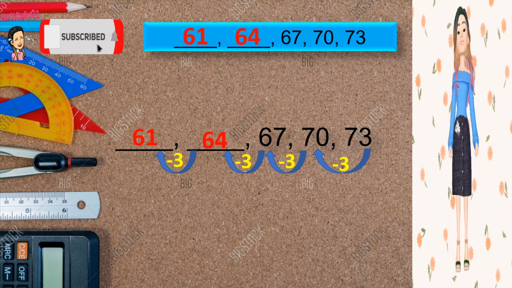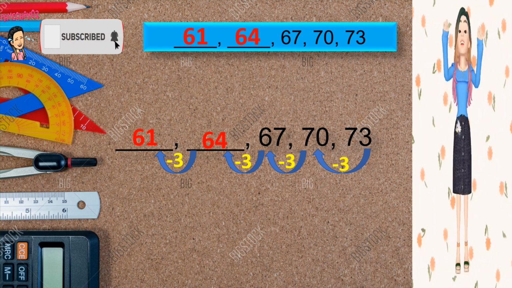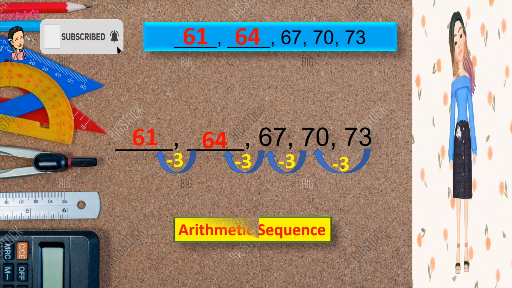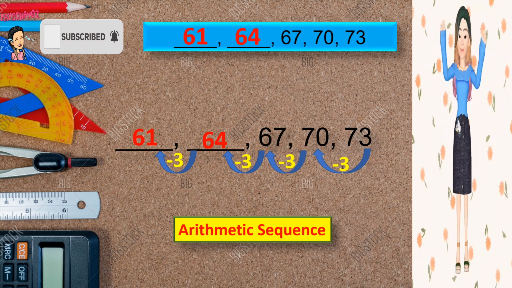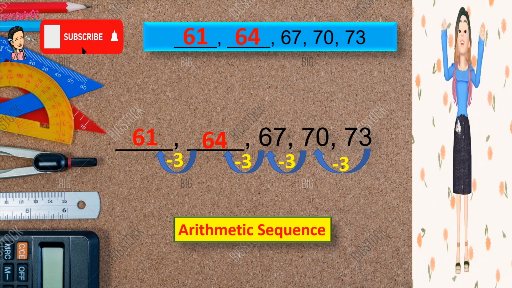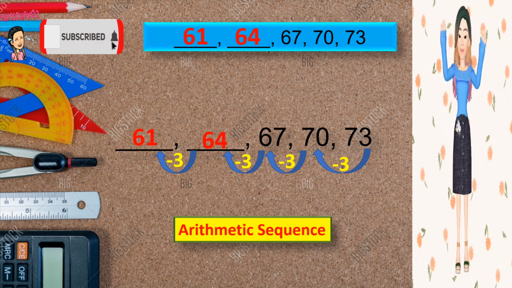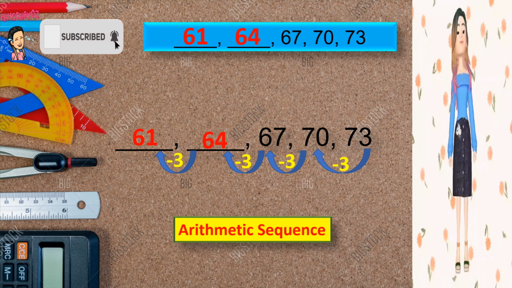This kind of number sequence pattern, we also call arithmetic pattern. Lagi nyo tatandaan, ang arithmetic pattern is to add or subtract to a given set of terms. Pag nagsusubtract ka or nag-add ka, arithmetic pattern yon.